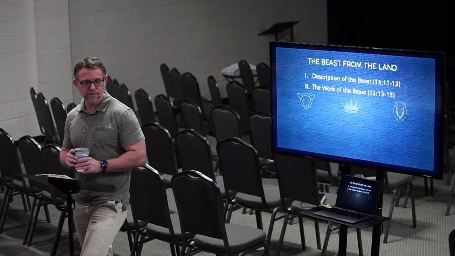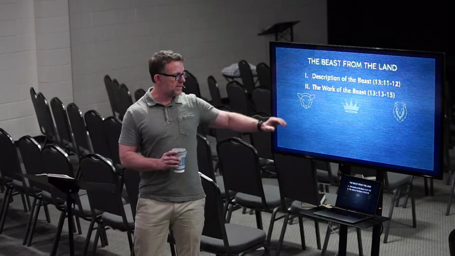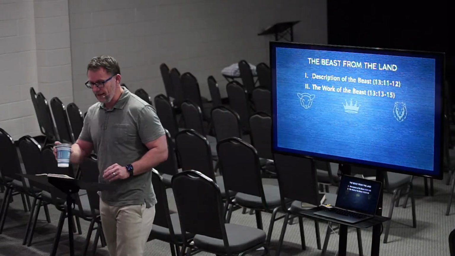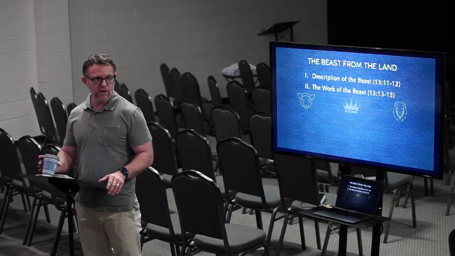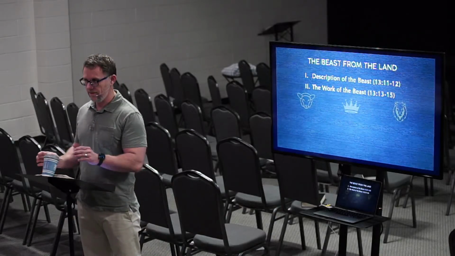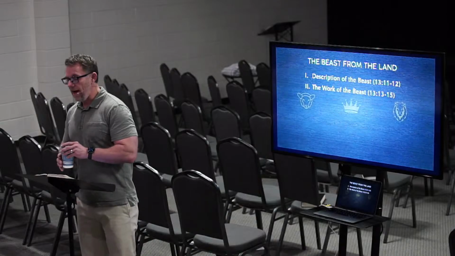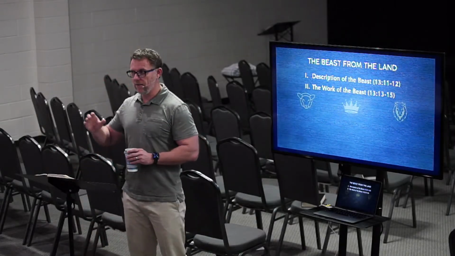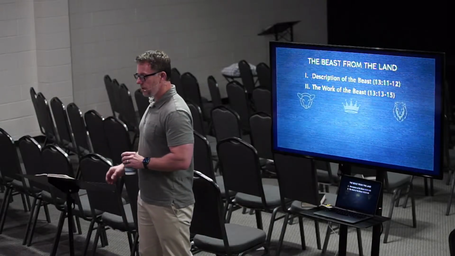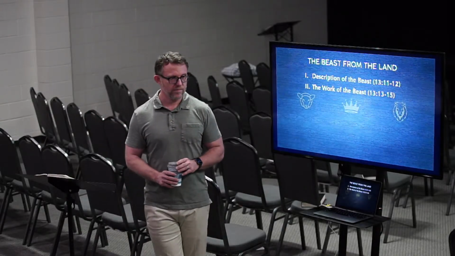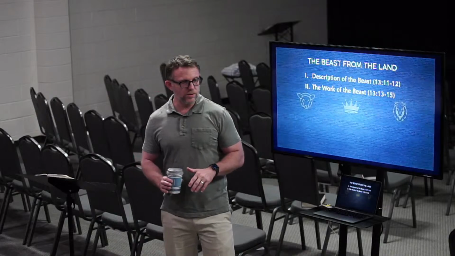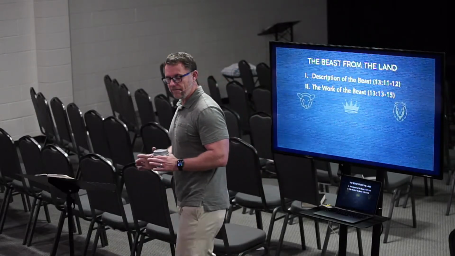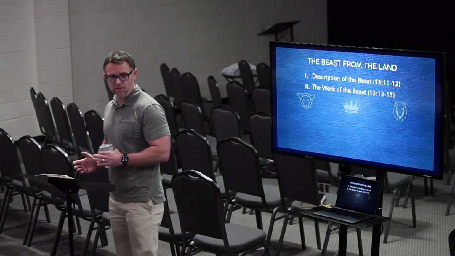We'll come to that. In terms of the work of the beast, though, the work of the beast is mainly about persuading people to worship the first beast. That really fits a Roman context, where you have emperor worship, so that the older religions of Rome and Greece are now directing people toward emperor worship.